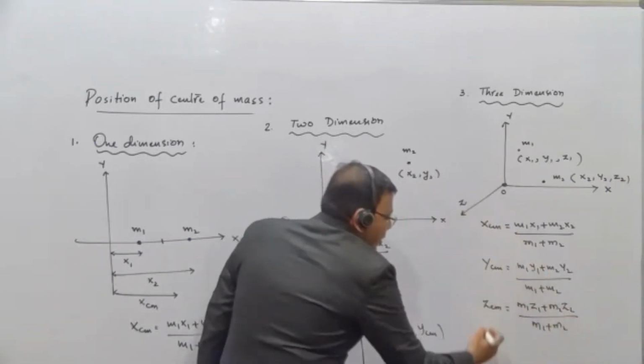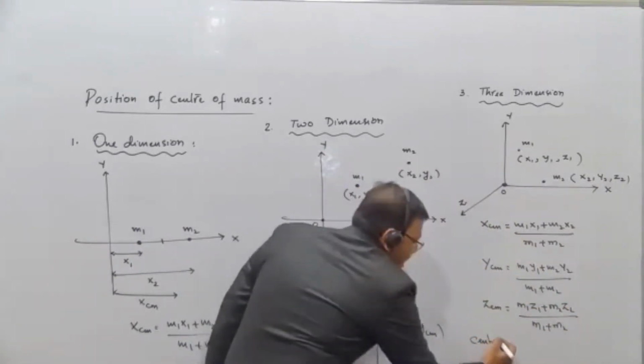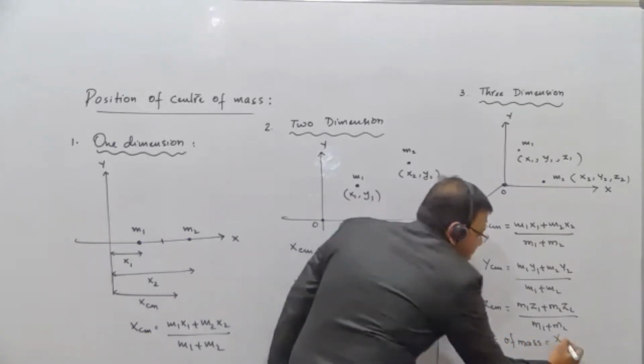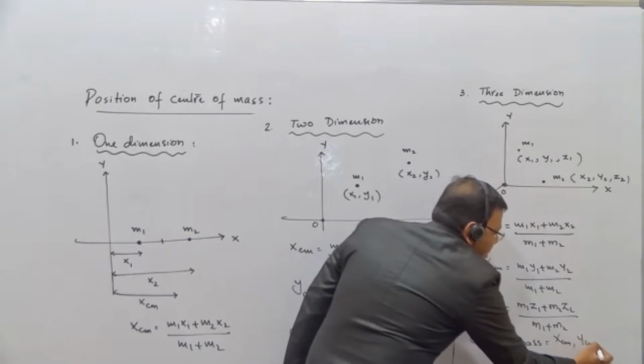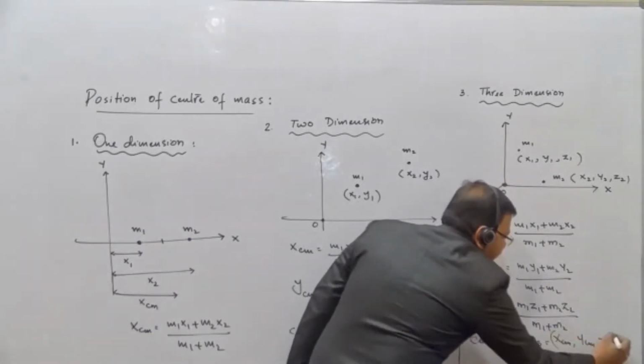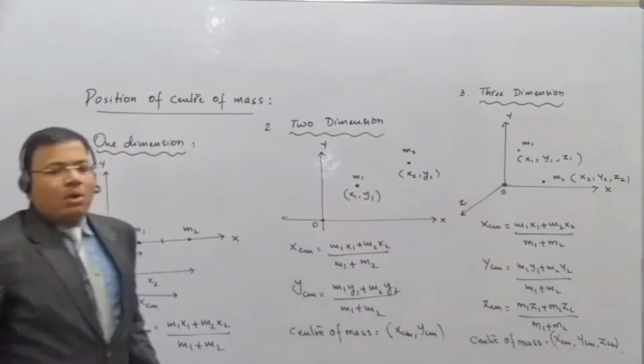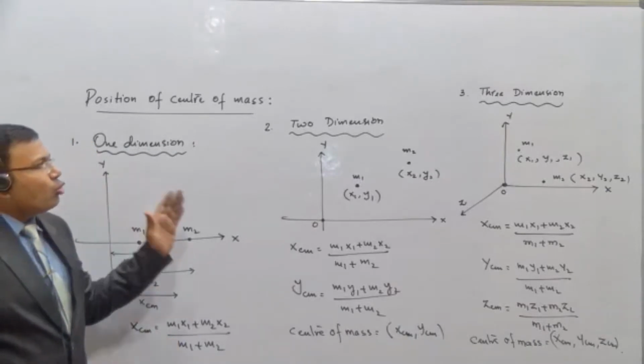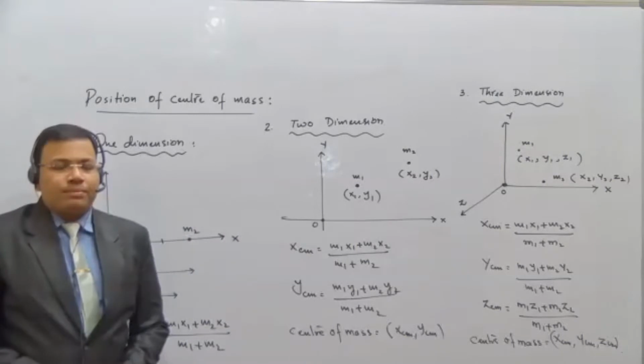After getting this, we can write the center of mass as xcm comma ycm comma zcm. Hope you have understood when we consider 1 dimension, 2 dimension and 3 dimension.